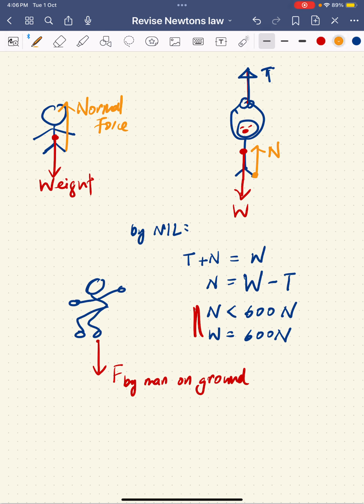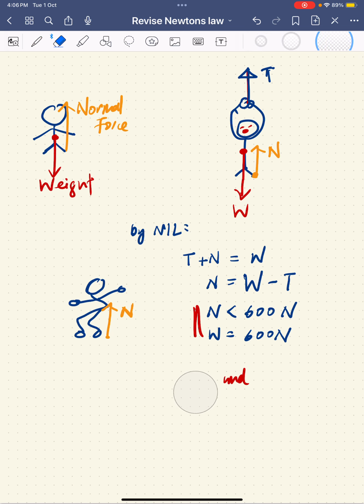At the same time, as an action-reaction pair, the ground will be pushing back on you with a normal force that is equal in magnitude to the force you are pushing onto the ground. So we have a normal force that is bigger than usual.